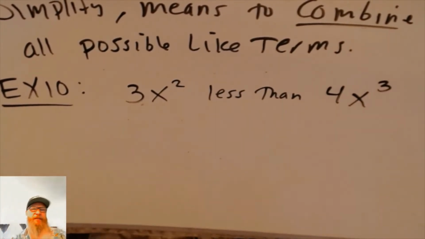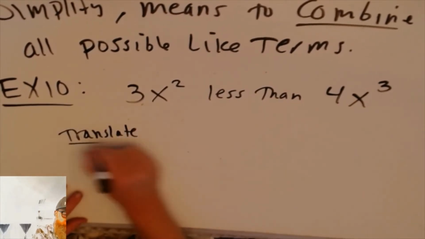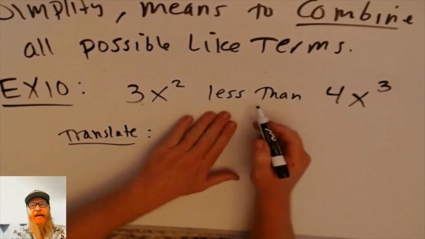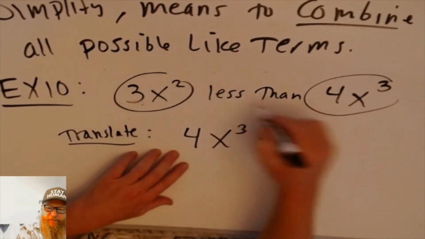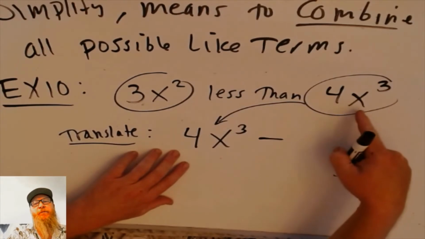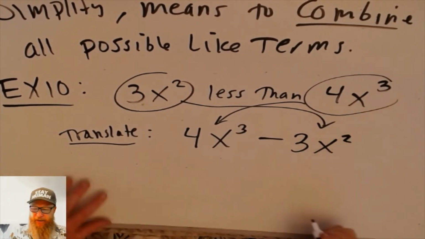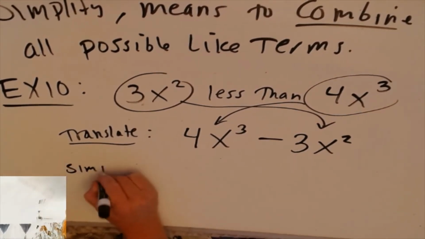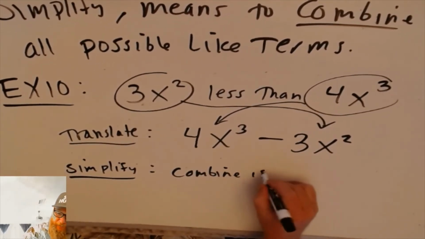All right, so let's do an example. Example 10. 3x squared less than 4x cubed. So first we translate. Remember, less than, we want to reverse the order. So the 4x cubed comes first. The 3x squared comes second. Simplify. Combine if possible.